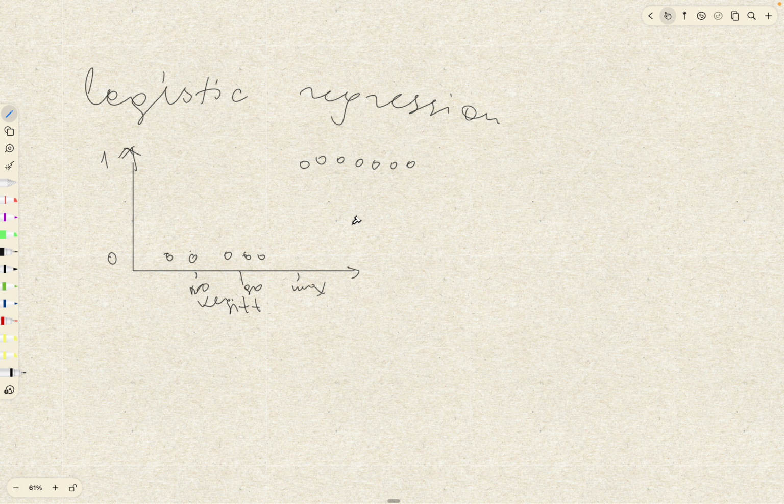And here's the problem. When we try to use a linear regression, which is just a simple line, you can see that it is impossible to fit something like a line to these kinds of data sets.